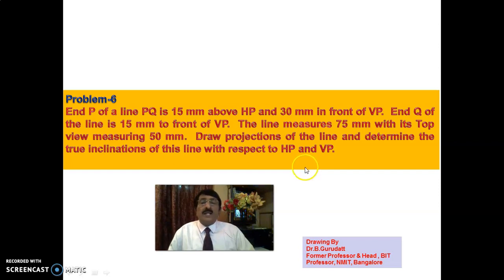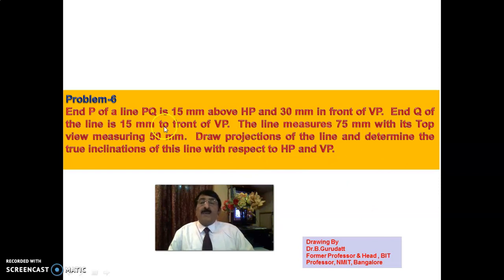I've shown you in the earlier session the mechanism behind that, how it is tilted with point P fixed and point Q a moving point. You can either move it towards the observer or towards VP, so that the line will be inclined to both HP as well as VP. In this complex position, you are supposed to write the corresponding front view on top. That is what we are doing.